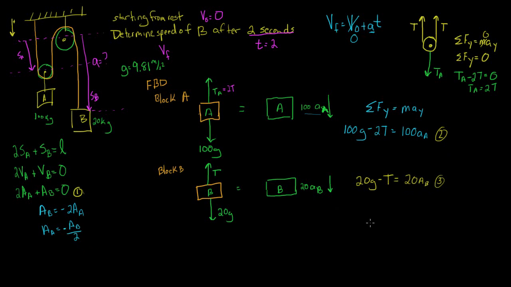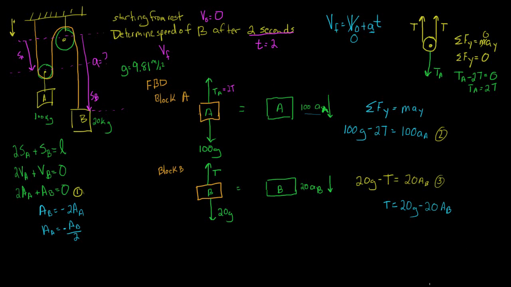And we can solve this equation for T. So we have T is equal to 20g minus 20 times the acceleration of B, and we can plug this equation 3 into equation 2.